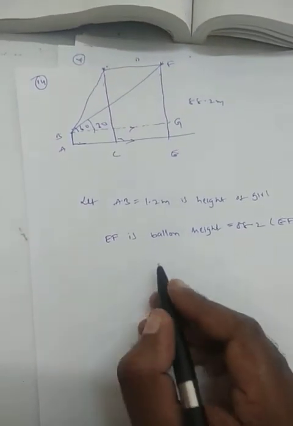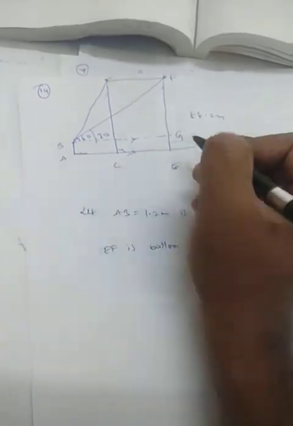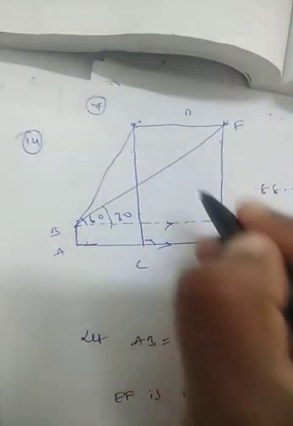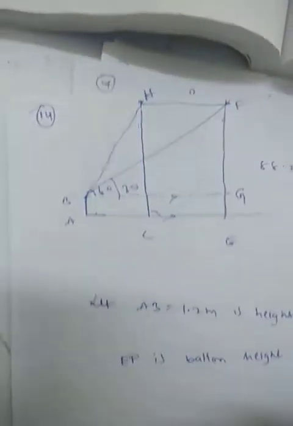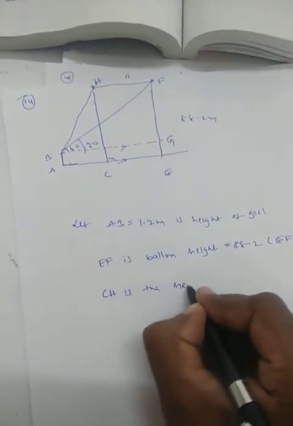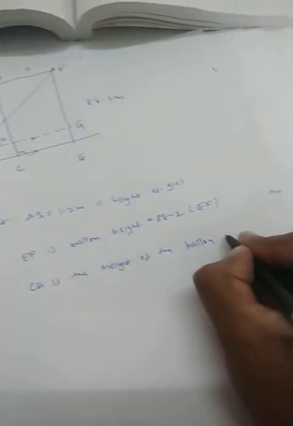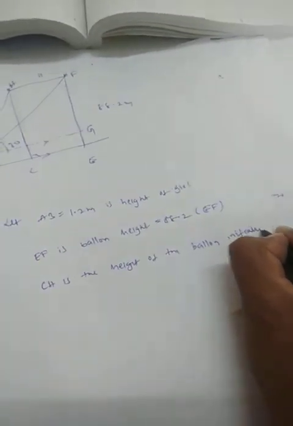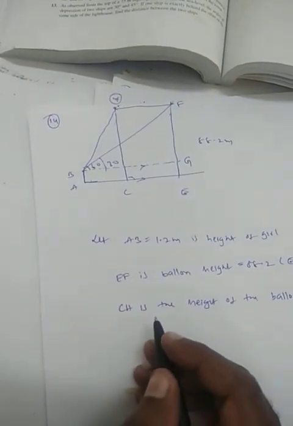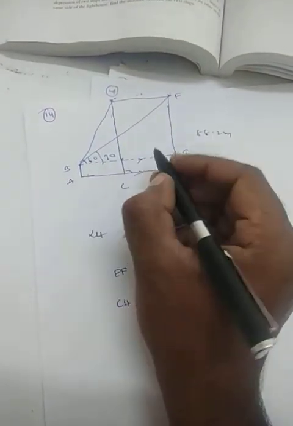Now let us take these as A, B, C, D, G, and let us take this as H. CH is the height of the balloon initially, meaning before it moved due to the wind. After that it moved like this. What I am going to find is this value.